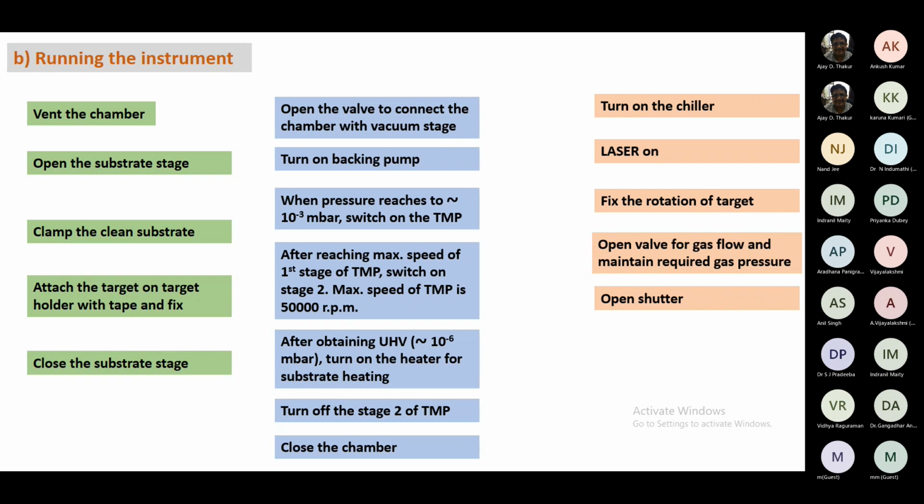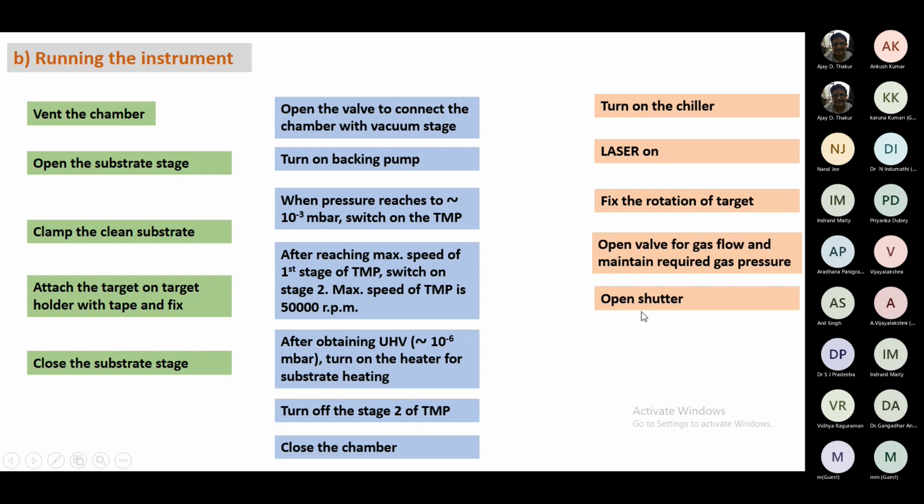The rotation was fixed. Then we'll turn on the button for the target rotation in the controller. Then the target will rotate at our fixed angle, and then we'll open the shutter.